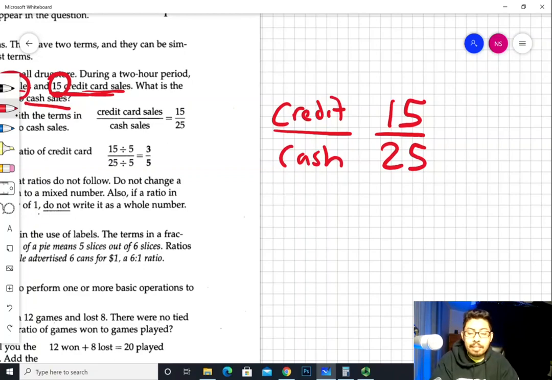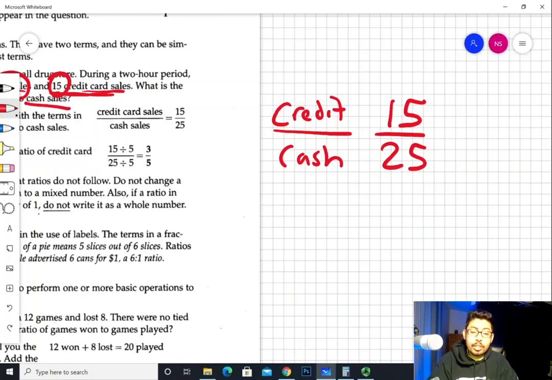But the important thing about this example here is simplifying. My friends, you guys need to know how to simplify now. On the GED, most likely ratio questions will be on the part where you are allowed to use the calculator. Well, easy peasy.